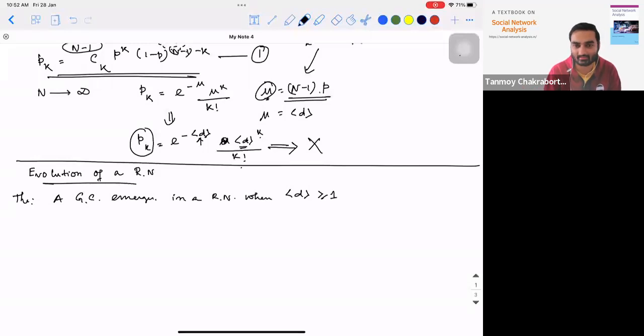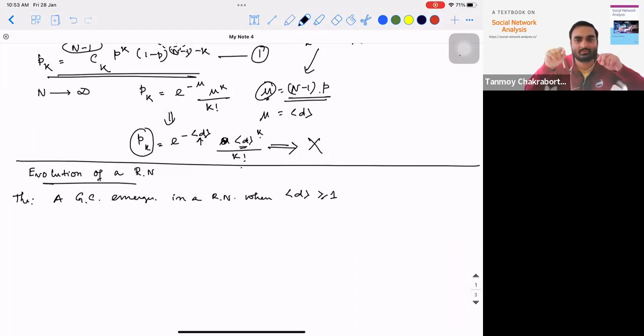This is very surprising, right? We will prove that this is the case. Now, you can also understand it intuitively, right? Let's assume that you have a network and you have a chain-like structure, right?